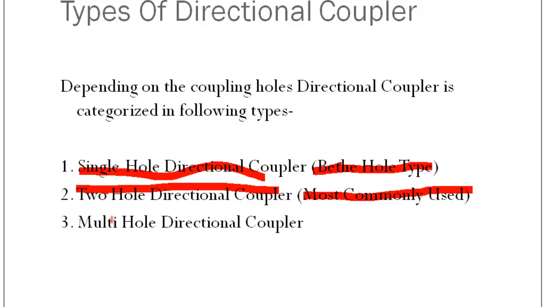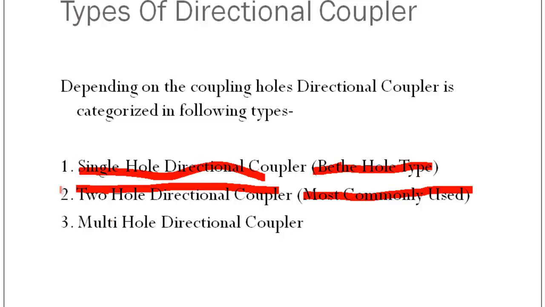And if a directional coupler has more than two holes, then it is known as a multi-hole directional coupler. In our laboratories, we have a multi-hole directional coupler, known as MHD. MHD stands for multi-hole directional coupler, right? So depending on the coupling holes, directional couplers are classified in three categories: single hole, two hole, and multi-hole directional coupler.